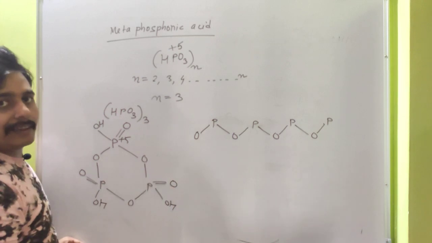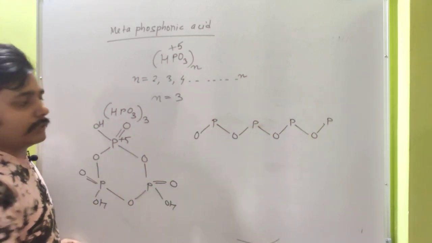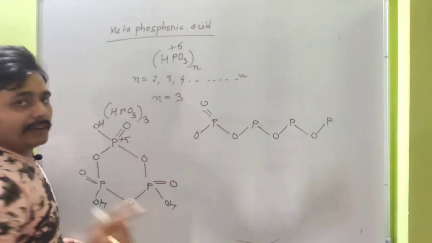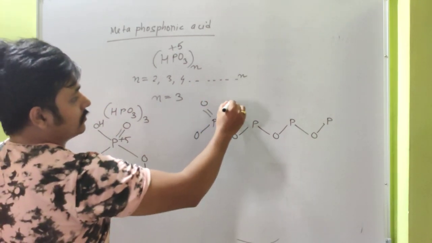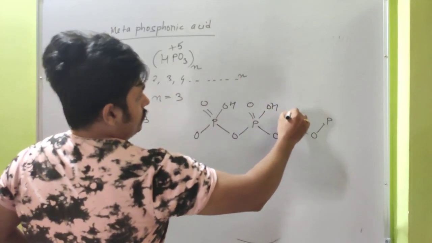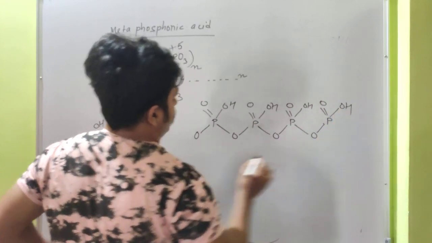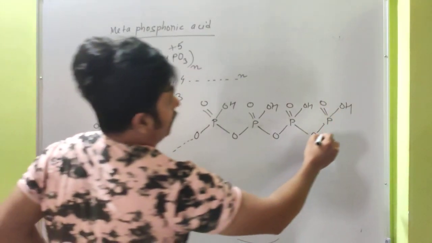As you know that the phosphorus contains one double bonded oxygen and at least one OH bond. So this is the linear metaphosphoric acid.